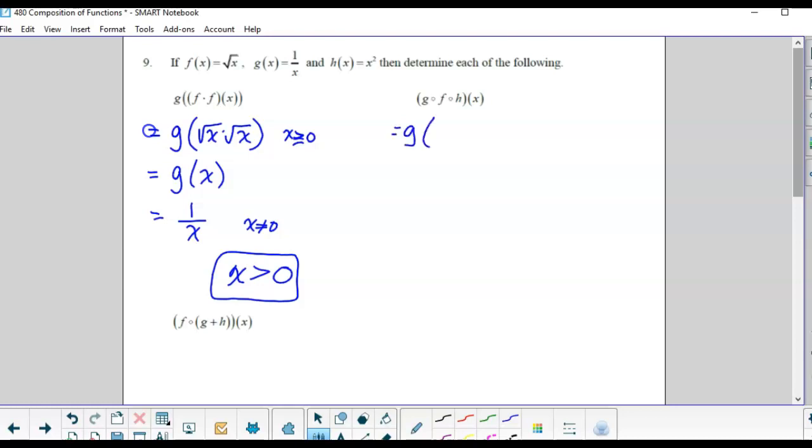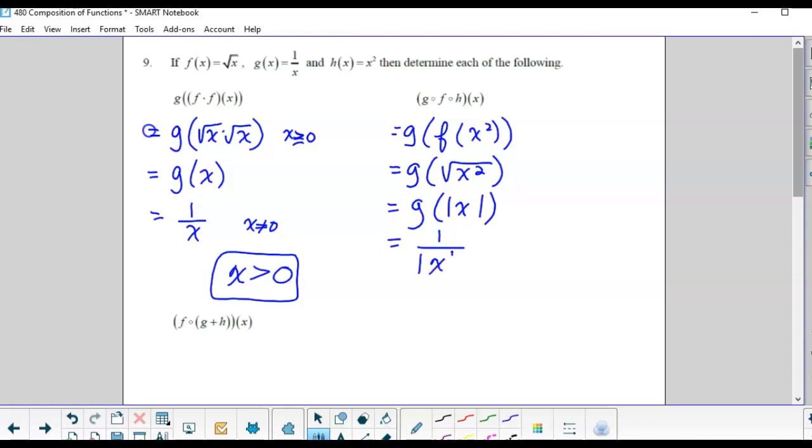Okay, g of f of x squared, g of root of x squared, which is really absolute value of x, and g is 1 over that. Okay, so x can be anything here.